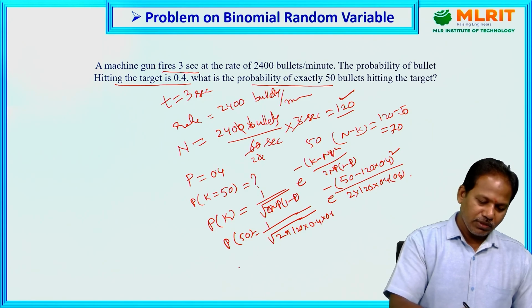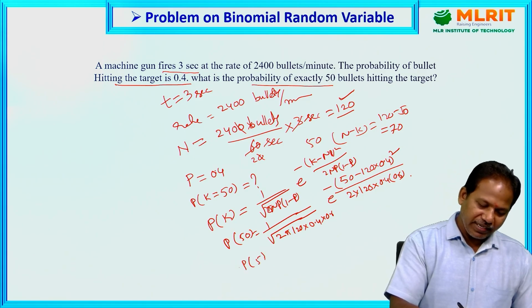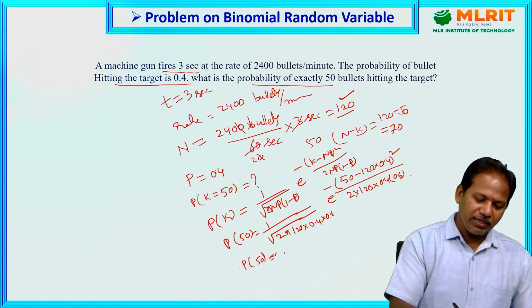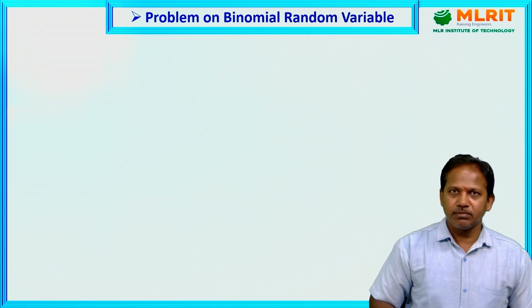So now the probability of 50 will be approximately 0.0693. So this is the value for this. Thank you.